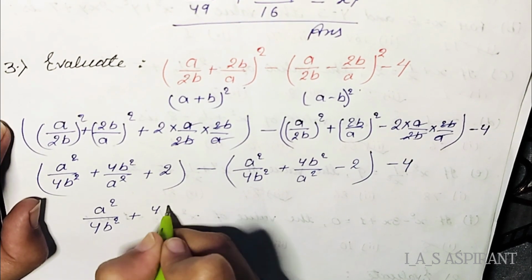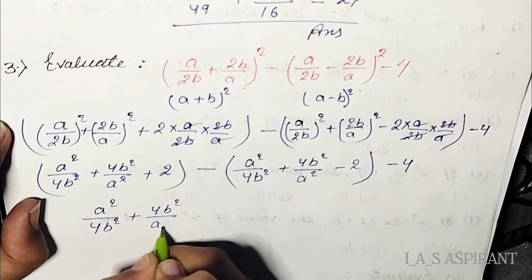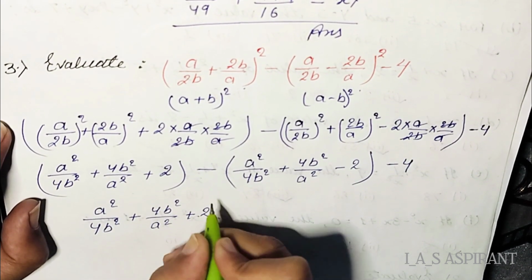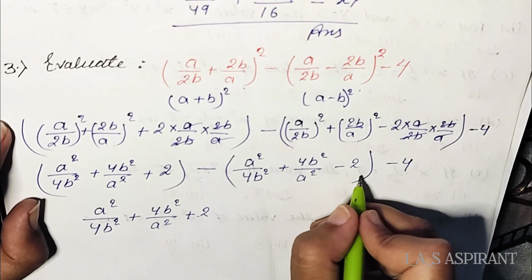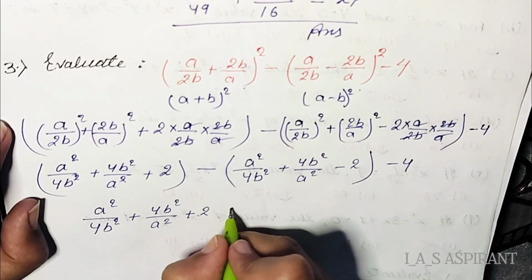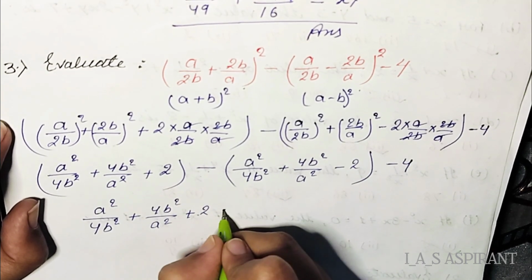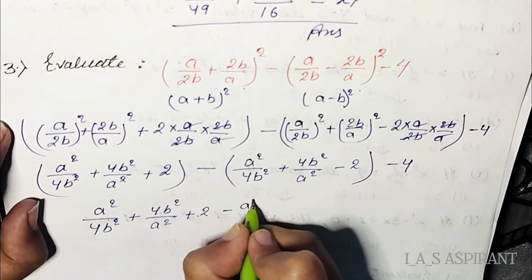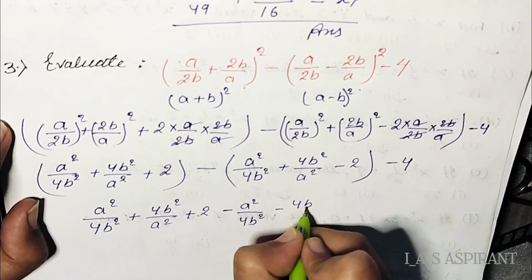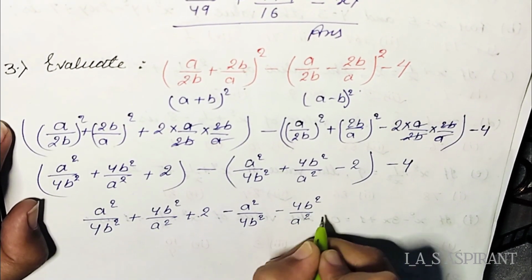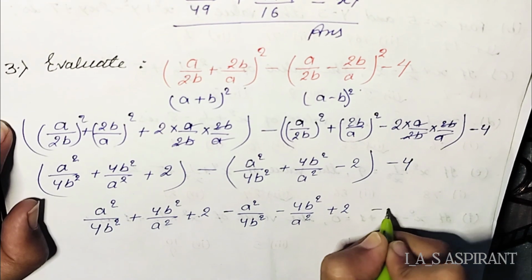So a square by 4b square plus 4b square by a square plus 2, and this minus will be multiplied with everything in the bracket, and all signs will be changed. It means minus a square by 4b square minus 4b square by a square plus 2, and minus 4.